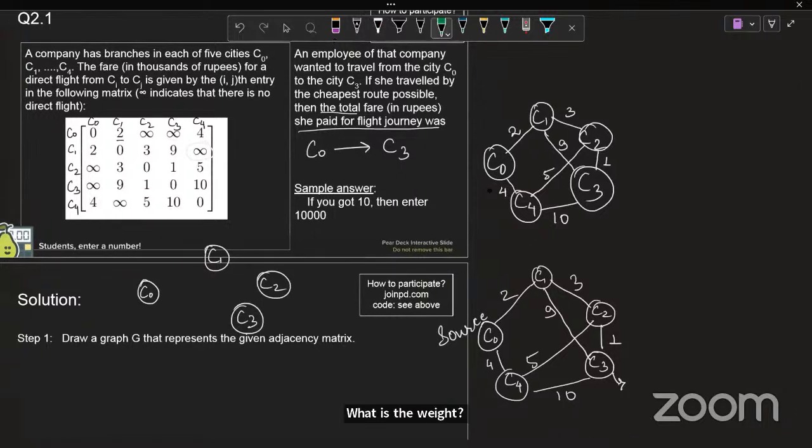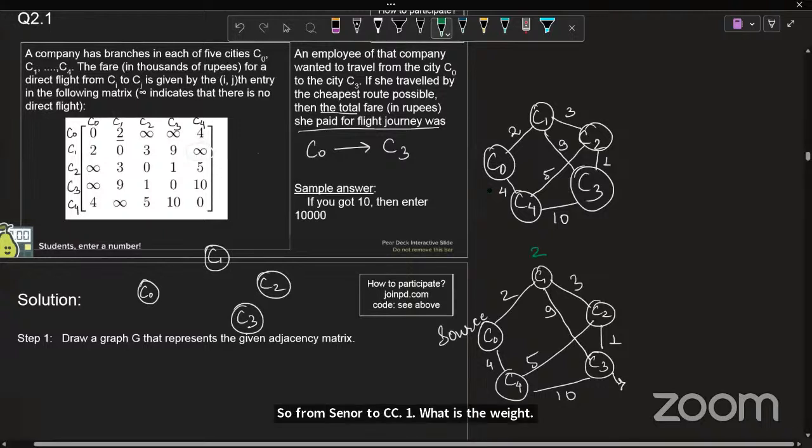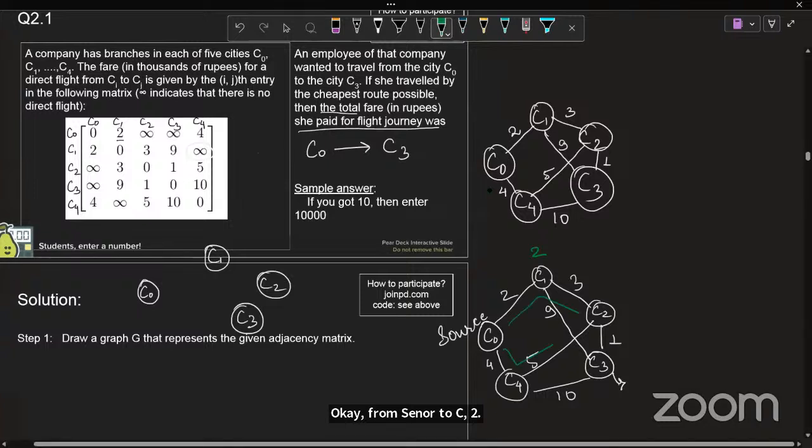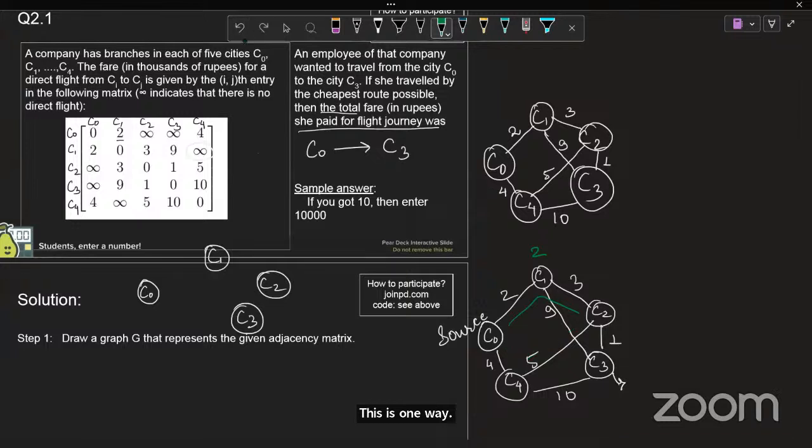From C0 to C1, what is the weight? 2. Okay, from C0 to C2, this is one way. I am asking each one. C0 to C2, C4.